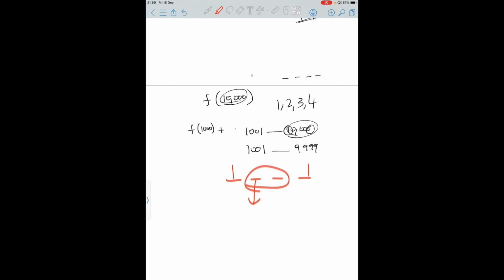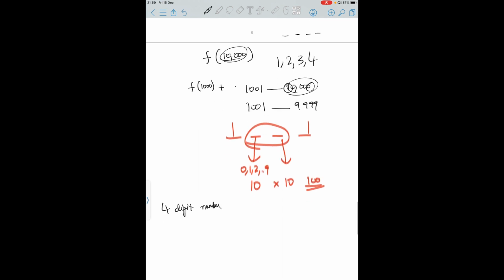Let's see the possibilities here. I can fill this place with 10 digits, that is 0, 1, 2 until 9. 10 possibilities are there. Here also the same 10 possibilities are there. So there are 100 such four-digit numbers starting with 1.